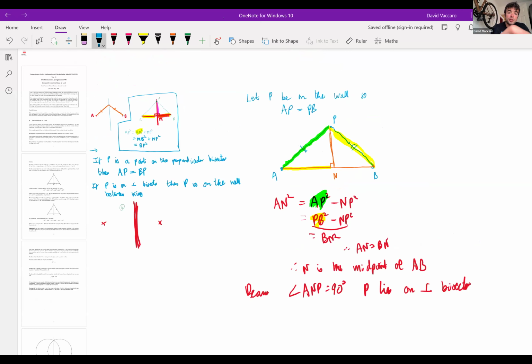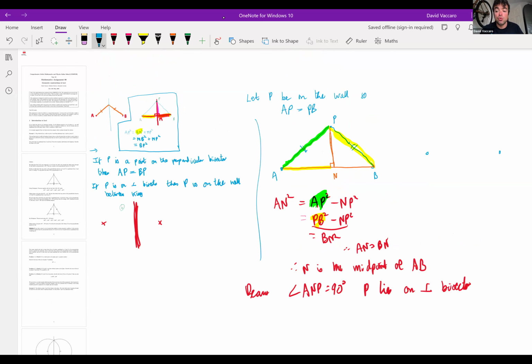So the argument on the left on its own shows that every point on the perpendicular bisector is on the wall, but doesn't rule out there being points on the wall that aren't on the perpendicular bisector. The argument on the right shows that if a point is on the wall, then it is on the perpendicular bisector.